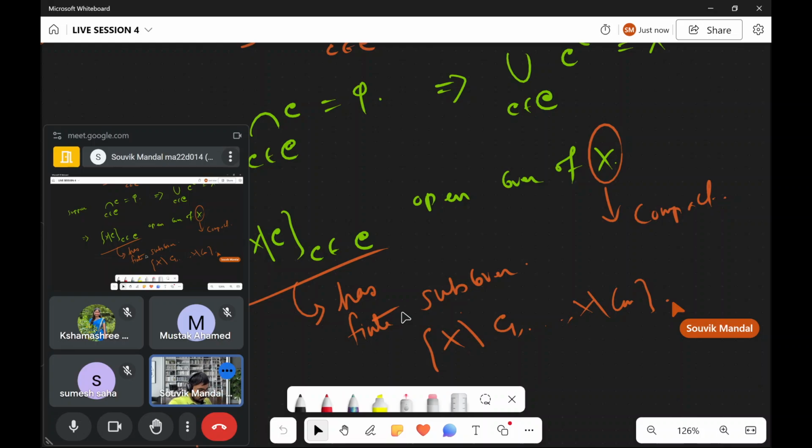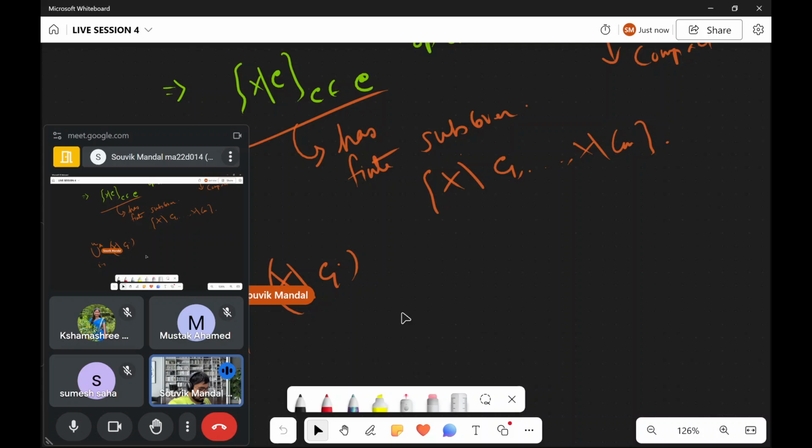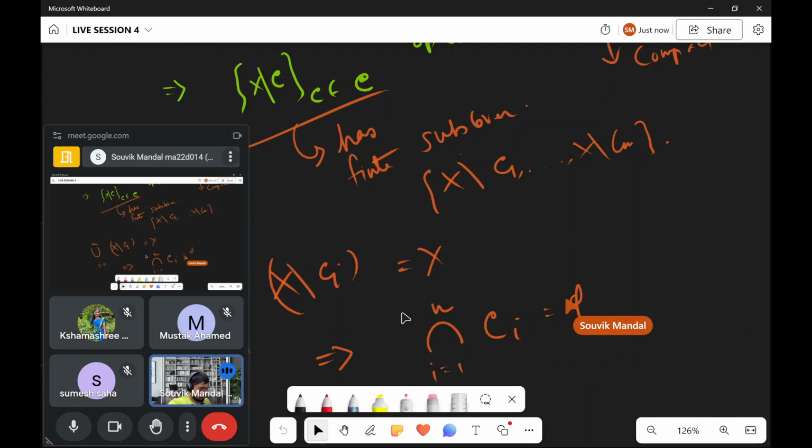So this means the union of X minus Ci, i equal to 1 to n, is equal to the whole of X. But this implies the intersection of Ci, i equal to 1 to n, is equal to empty. But this is a contradiction.